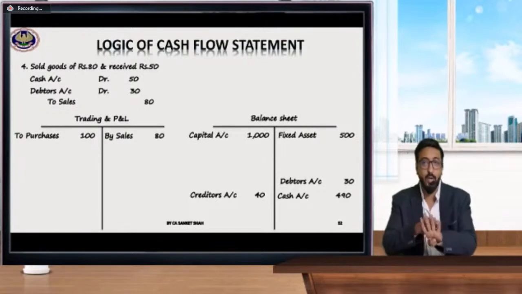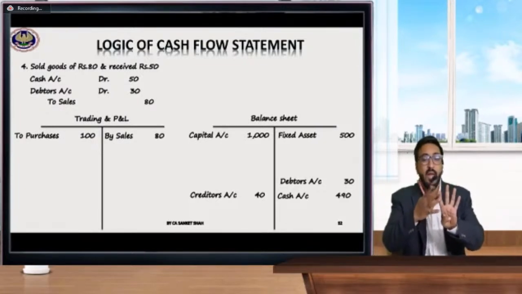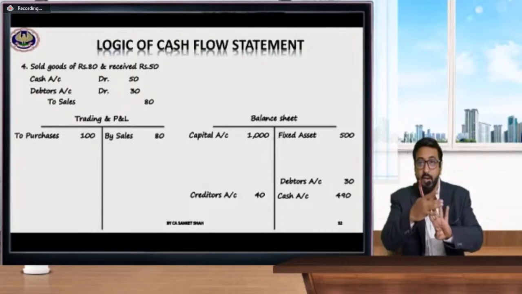Chalo, all 4 entries. First one, cash to capital. Cash 1000, capital 1000. Second one, fixed asset 500, cash goes out 500. Third one, purchases of 100, 60 paid, minus 60 from cash, 40 payable, creditor side you can visualize.